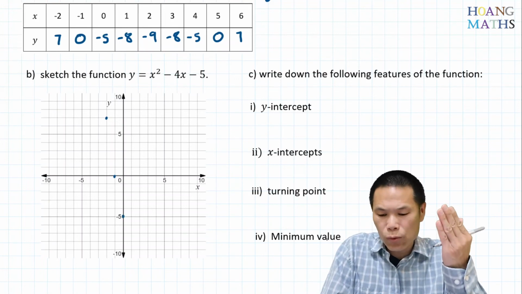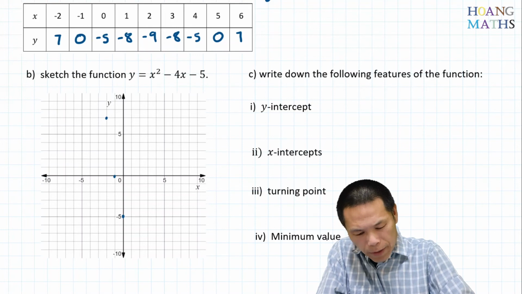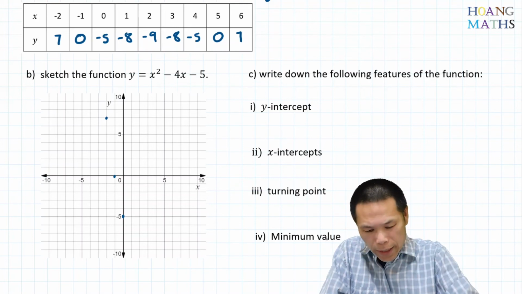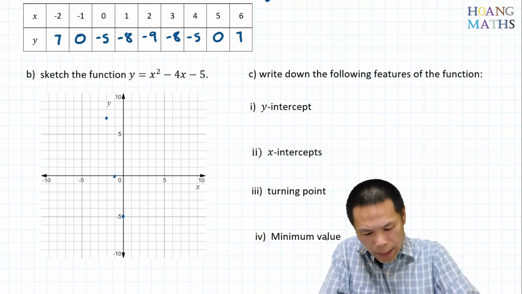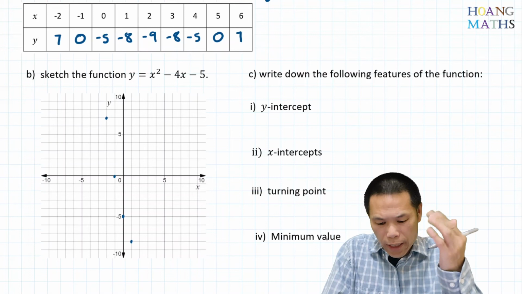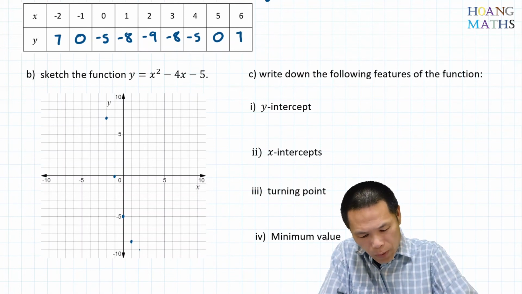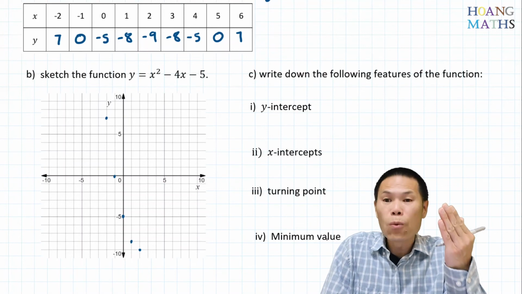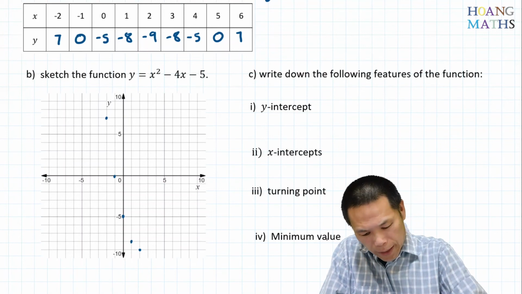And when x is 1, y is negative 8. So 1, negative 8 is here. And when x is 2, y is equal to negative 9. All the way down here. And when x is equal to 3, y is equal to negative 8.